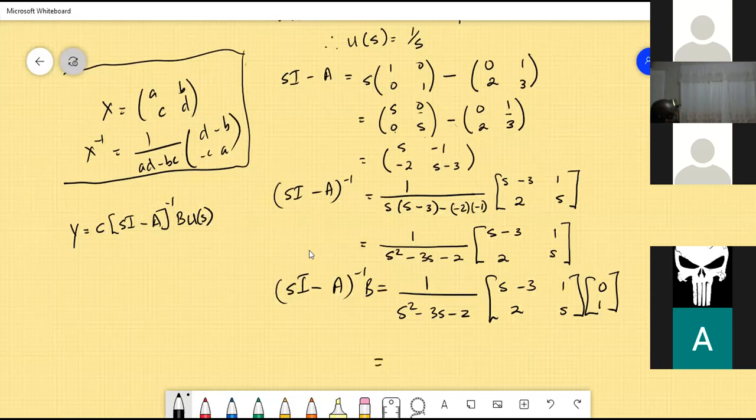So we multiply: s minus 3 times 0 plus 1 times 1. That's 1 over s squared minus 3s minus 2. So our first entry is 1, since s minus 3 times 0 is 0 and 1 times 1 is 1. 2 times 0 is 0, and s times 1 is s.